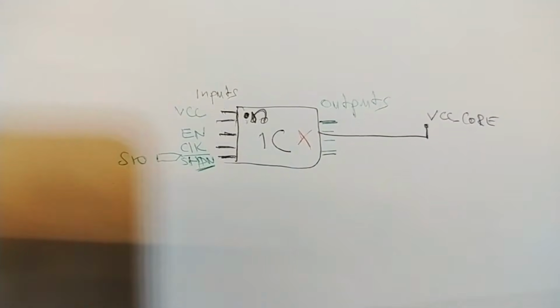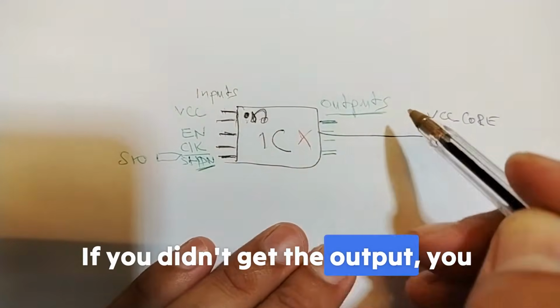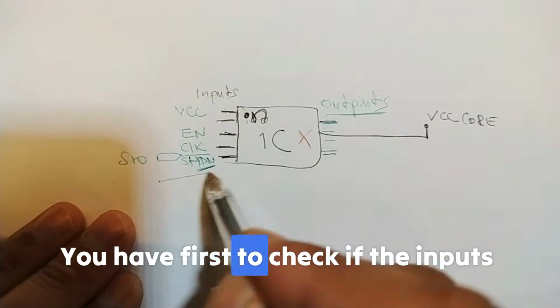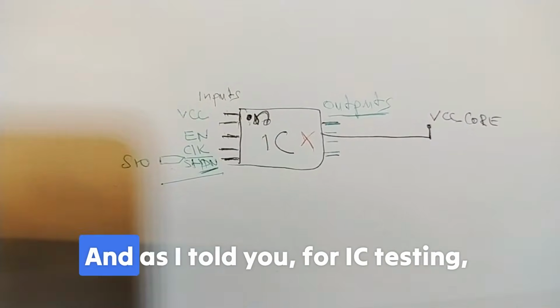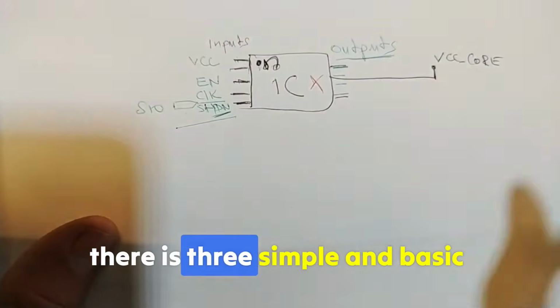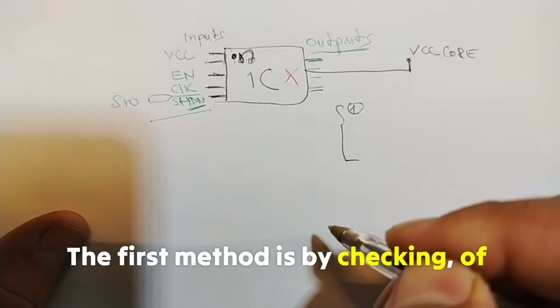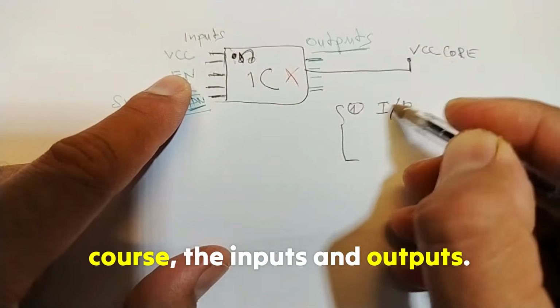So please, the most important thing: if you didn't get the output, you must not change the IC. You have first to check if the inputs are good or not. And as I told you, for IC testing, there are 3 simple and basic methods. The first method is checking, of course, the inputs and outputs.